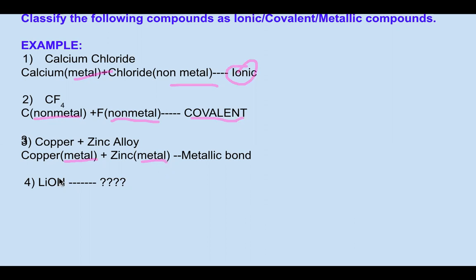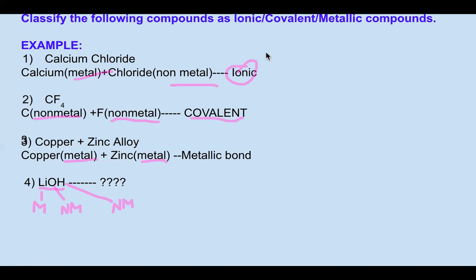And what kind of bond is there in lithium hydroxide? You know lithium is a metal with atomic number 3. Oxygen is a non-metal. You'll find it in the periodic table with atomic number 8. And hydrogen is a non-metal too, with atomic number 1. That is the first element in the periodic table.